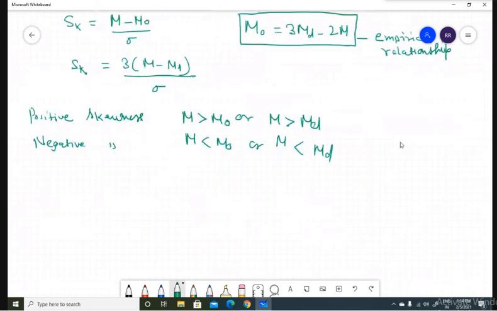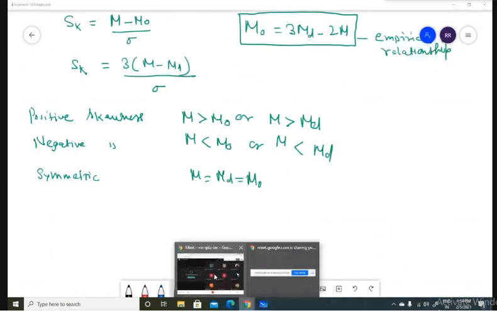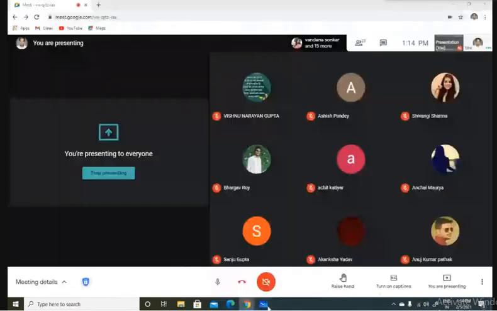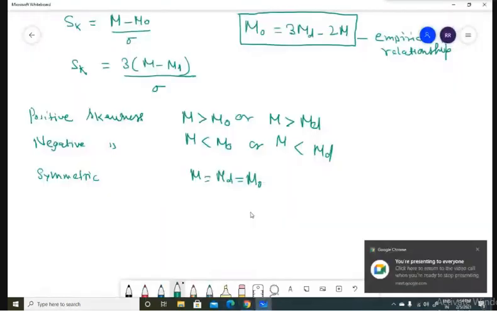And for a symmetric curve, mean is equal to median is equal to mode. Okay, so this is the relationship between mean, median, and mode for skewed and non-skewed curves.